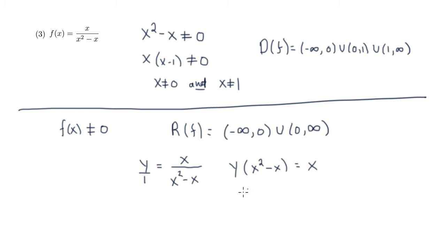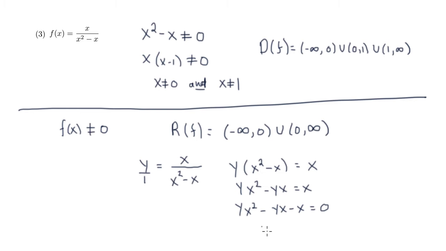So this is y times x squared minus yx is equal to x. Let me subtract x over. So I have yx squared minus yx minus x is equal to 0.